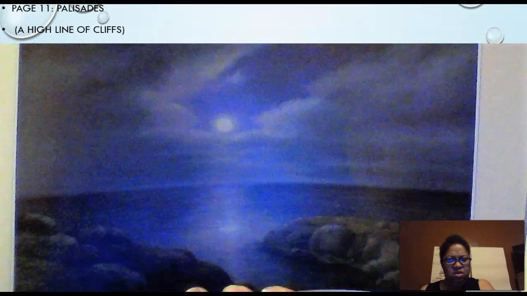Okay, so the high lines, and let's look at this. Hopefully you can see my mouse. So this must be this area on this side, and passing on this side are the high lines of the cliffs. Okay, all right, so let's look at the next one.